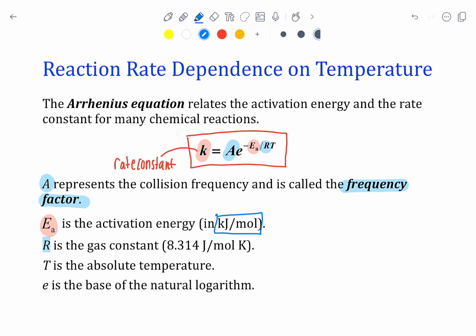Our gas constant here is 8.314 joules per mole Kelvin. But since our activation energy is typically in kilojoules per mole, we can rewrite this as 0.008314 kilojoules per mole Kelvin, just so we already have that in units of kilojoules, but you can write it either way.